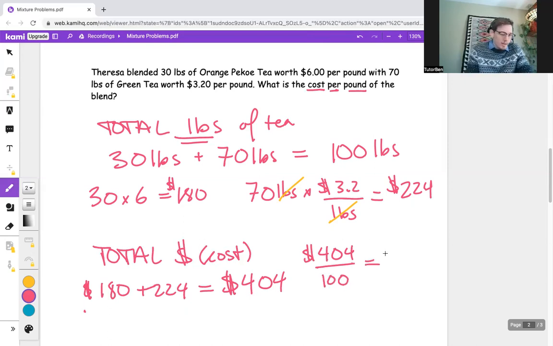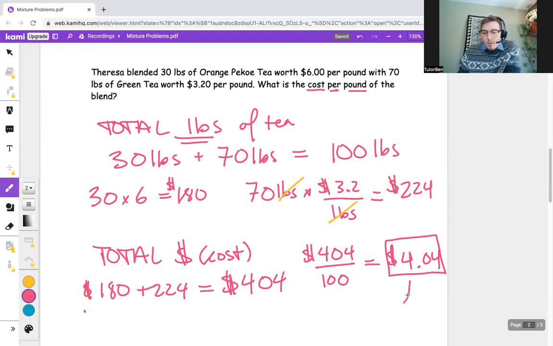And what we get out, this is why it's nice to work with hundreds, is $4.04. So this is the price per pound of our blended tea.